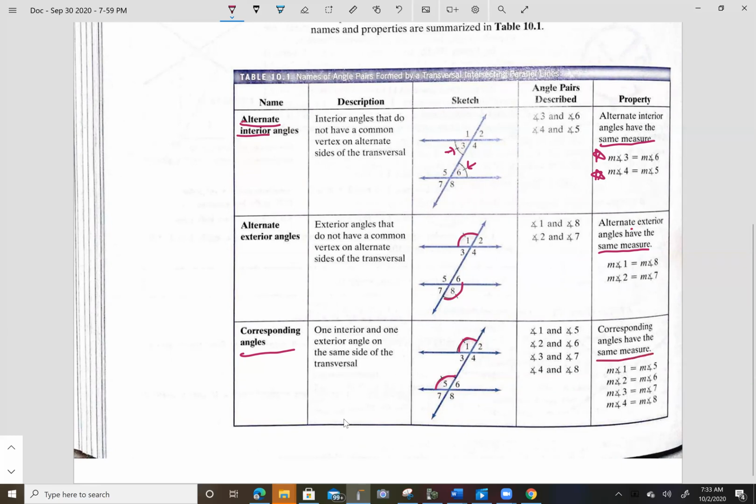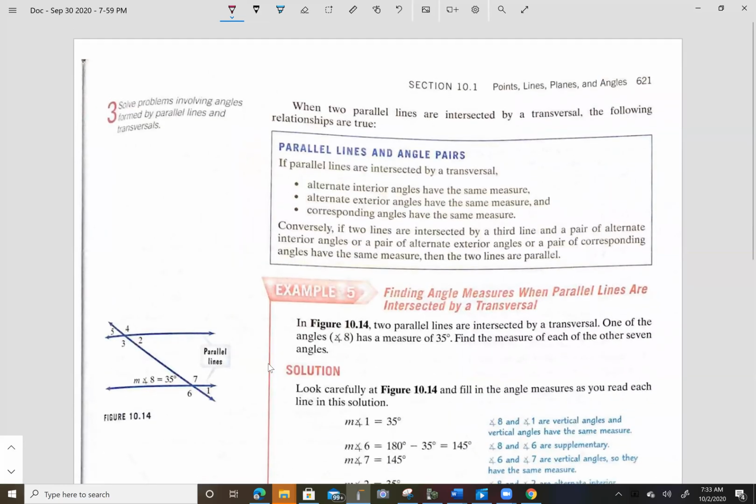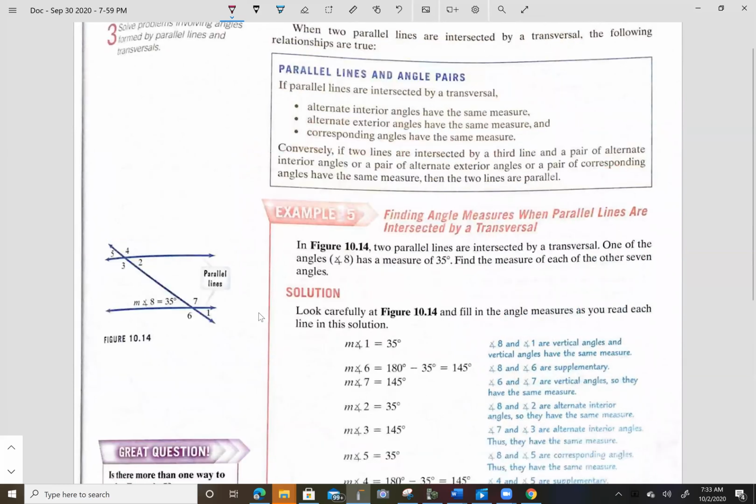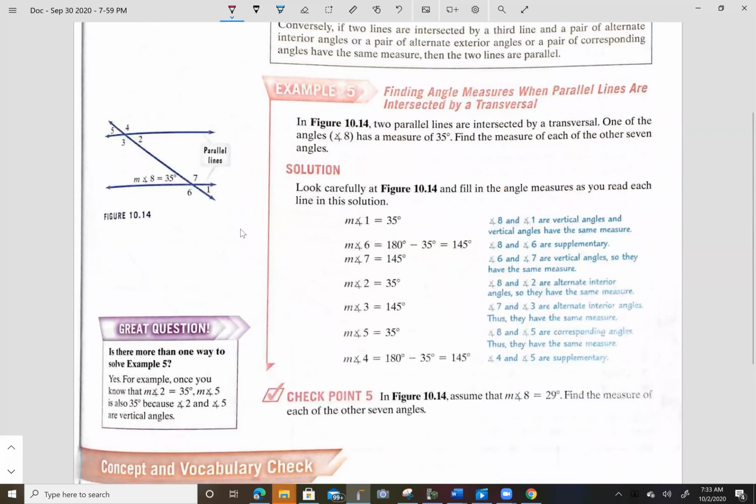They're all equal to each other. What's cool about all of these different types of angles is it makes it really easy to figure things out once you know just one of them, right? I like the table, but here it has it written out as bullet points. However you want to do your notes is fine.